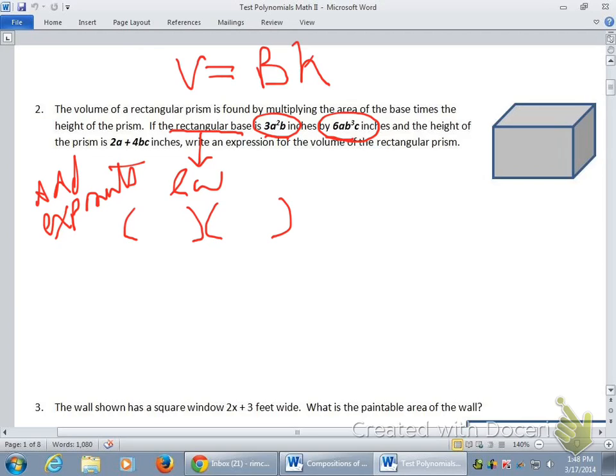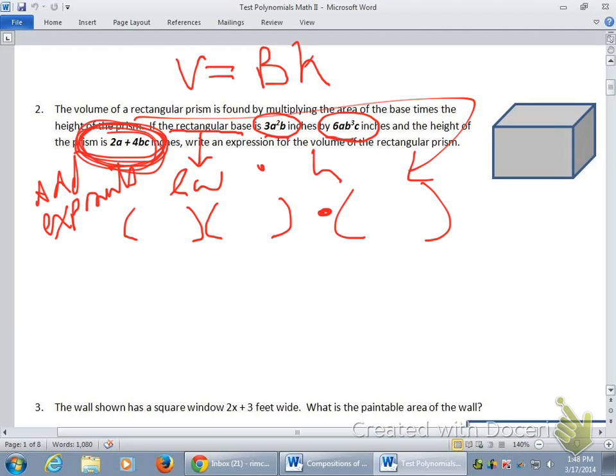Okay? But that's not the final answer, because you're supposed to take the length times the width and then multiply it times the what? Height, right? And they gave you the height as well. Where's the height? Right here is the height. So the height goes right here. But now the height is different from the length and the width. It's a binomial.